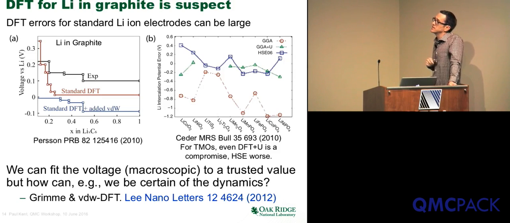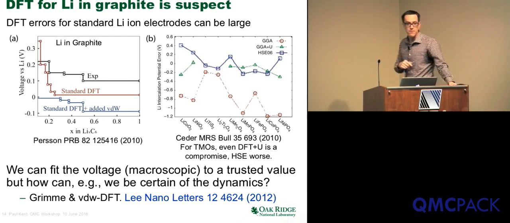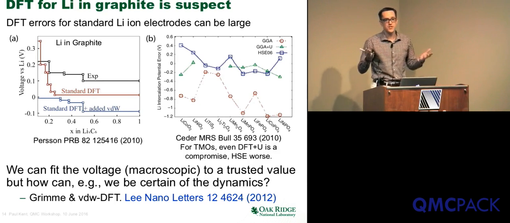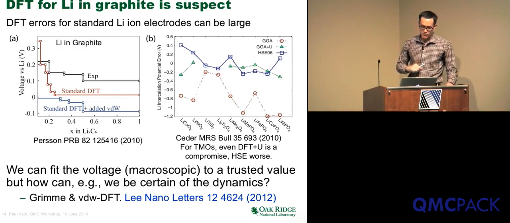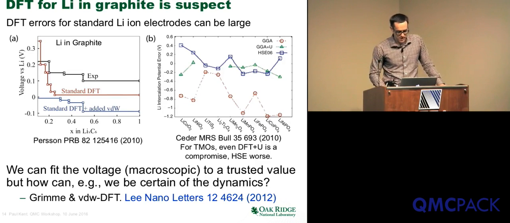This is a review article by Gerbrand Ceder, and we see that if you empirically pick a U in DFT, you can get within a couple of tenths. If you then do a hybrid, results actually get worse, because you've used a non-empirical method. And so the question is, what are you going to do? In our case, for graphite, of course, we're going to do quantum Monte Carlo and get some fundamental reference data.